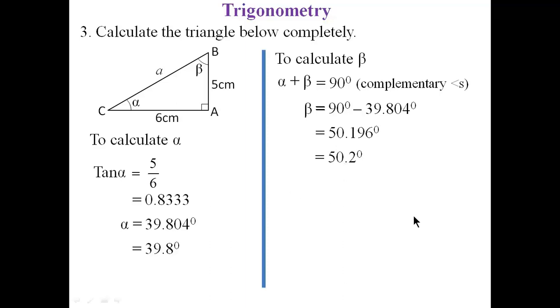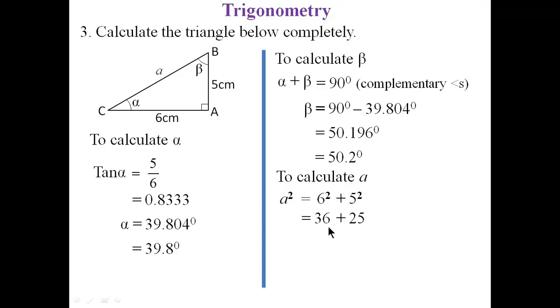To calculate A, we shall use Pythagoras theorem. Using Pythagoras theorem, we have A squared, that is the hypotenuse, is equal to 6 squared plus 5 squared. 6 squared is 36 and 5 squared is 25.